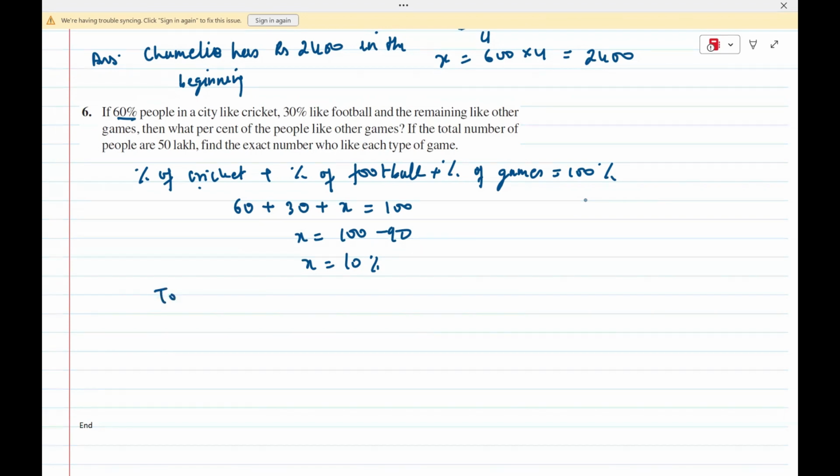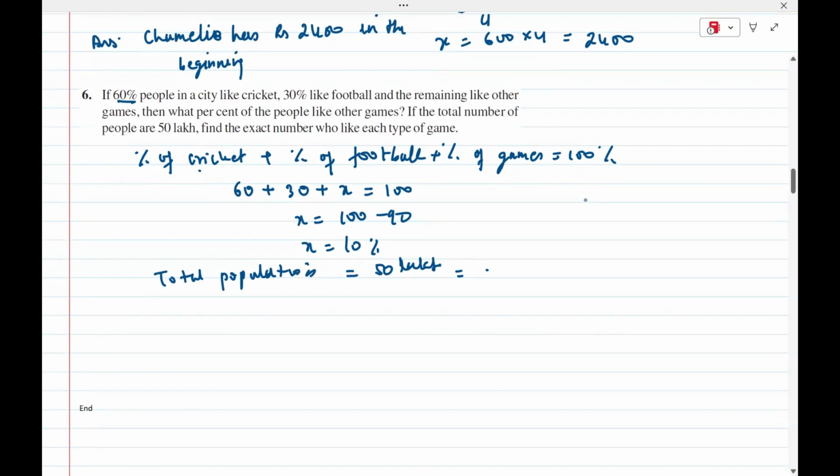If the total number of people is 50 lakhs, find the exact number who like each of the games. They have also given the total population. Total population is 50 lakhs. So for 50 lakhs, you can directly calculate and get in lakhs, or put the number of zeros. Correct? And see, they have said find the exact number.